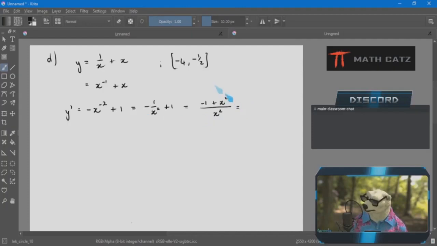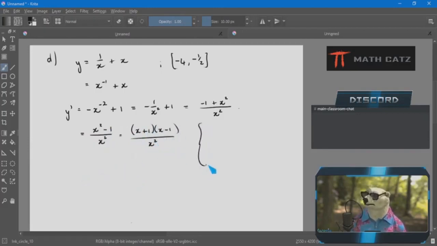Maybe I want to make it look as nice as I possibly could. That's x squared minus 1 over x squared, and that is going to be the difference of two squares. So I can factor that, just making my life as easy as possible for the next bit.